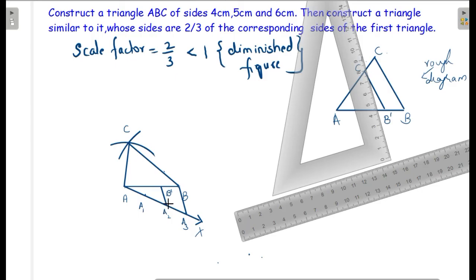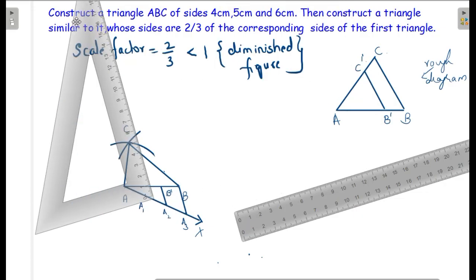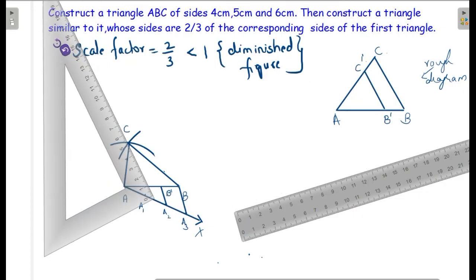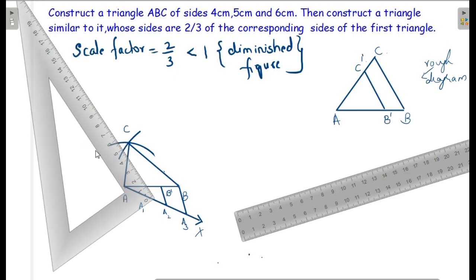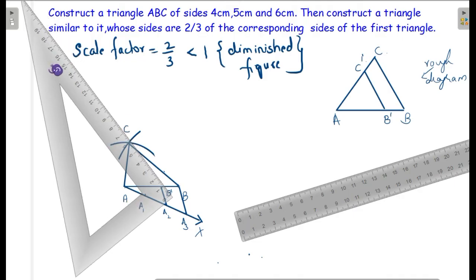The next step is we have to draw a line parallel to BC from B dash to AC. So how do we do that? Again we will take the set square. Now this time we will arrange it parallel to BC.